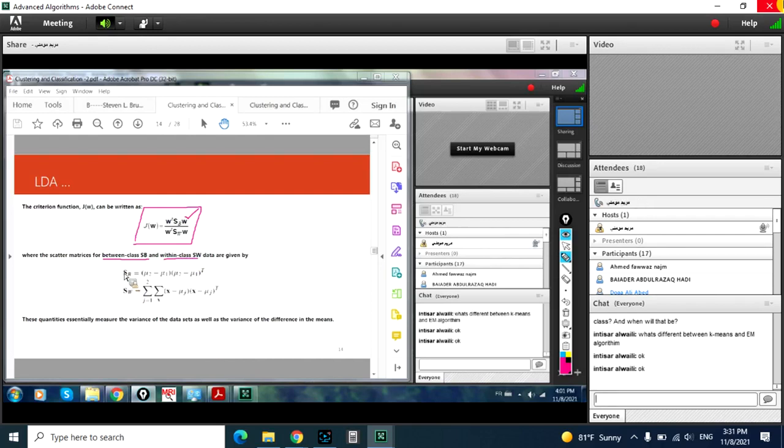Also, SB is related to the means of the two classes, and SW is related to only one class.